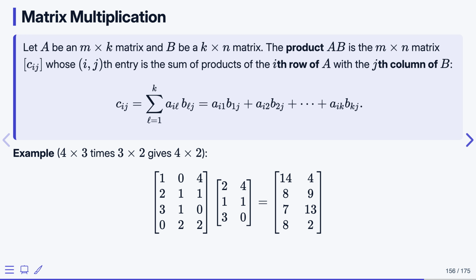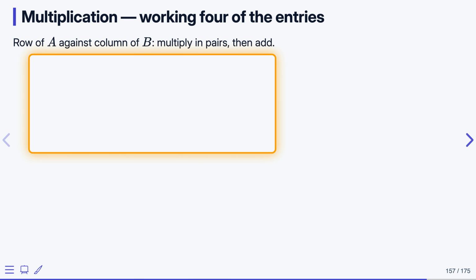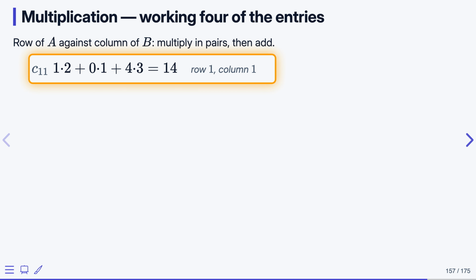One warning. If the columns of A do not match the rows of B, the product does not exist at all. Let us work 4 entries out so the rule sticks. Entry C11. Take row 1 of A, which is 1, 0, 4. Take column 1 of B, which is 2, 1, 3. Pair them up. 1 times 2 is 2, 0 times 1 is 0, 4 times 3 is 12.